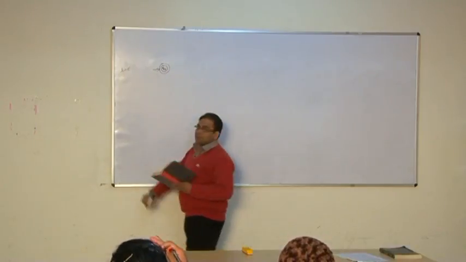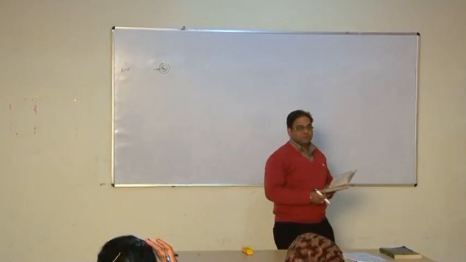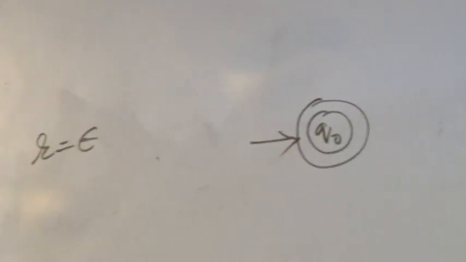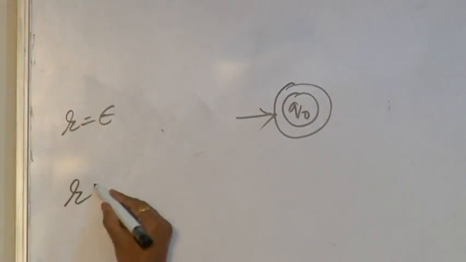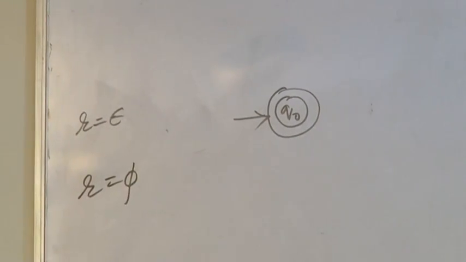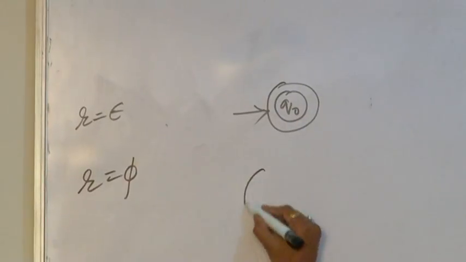This is how it will be represented. Then if the regular expression is phi, how do we represent it?